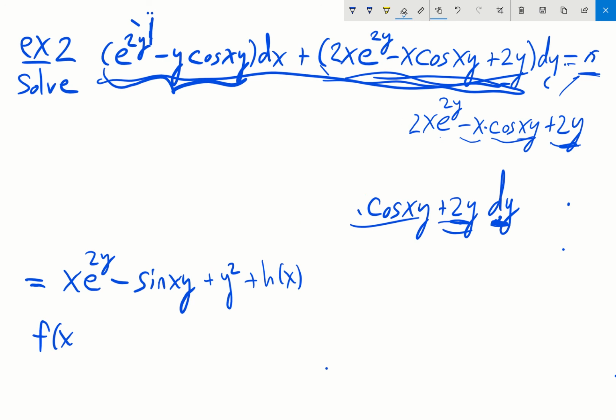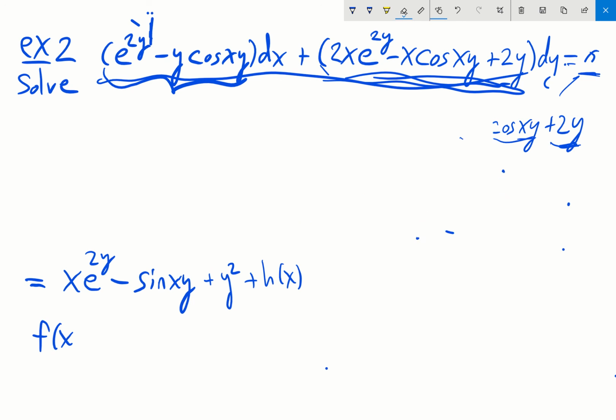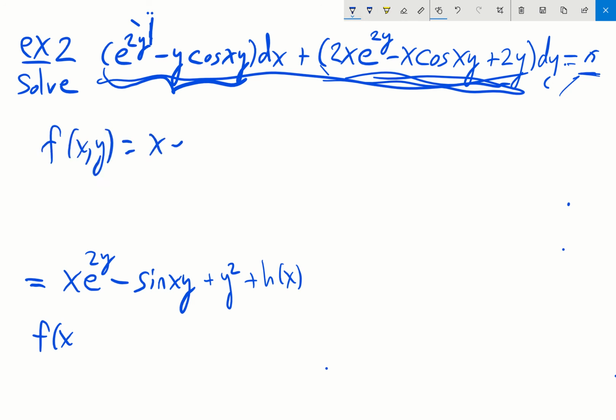So we almost essentially know f up to whatever this constant function of integration h of x is. So we have f of x comma y is equal to x e to the 2y minus the sine of xy plus y squared plus some function of integration with respect to x.